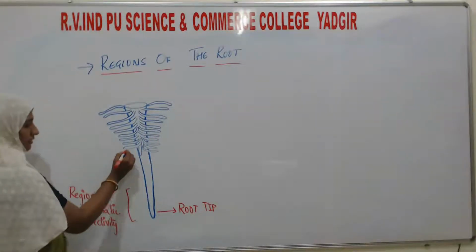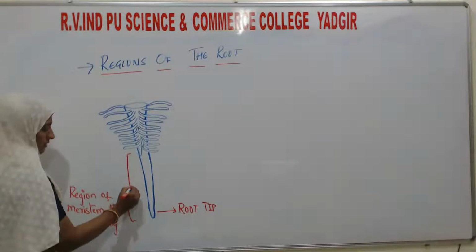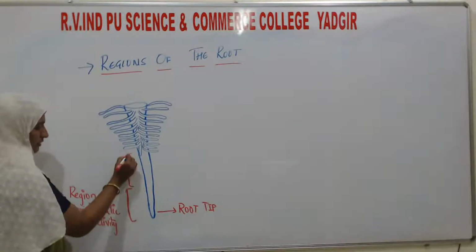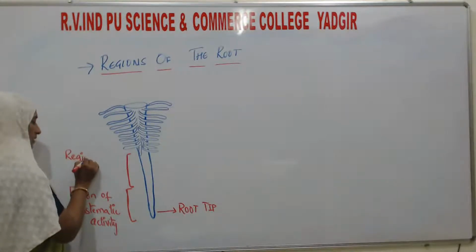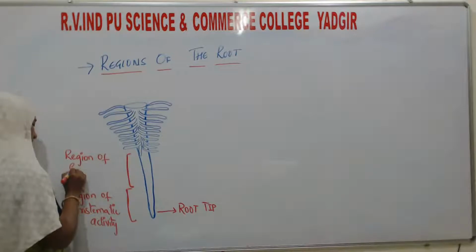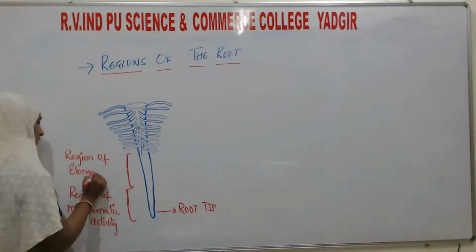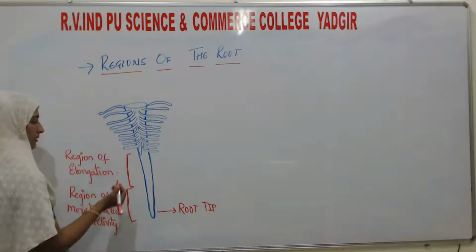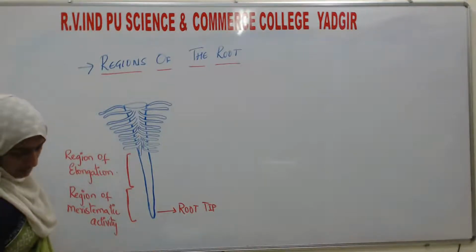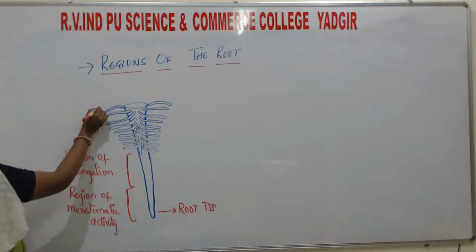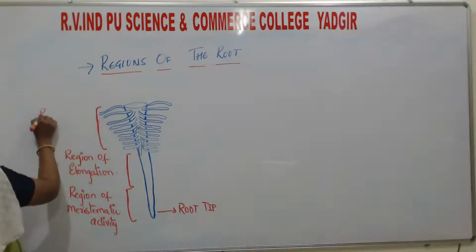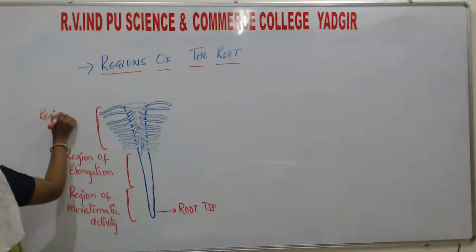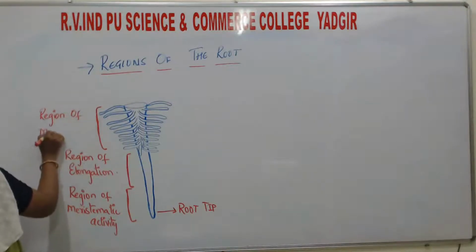The next region is known as the region of elongation. The next, here, this region we can call the region of maturation.